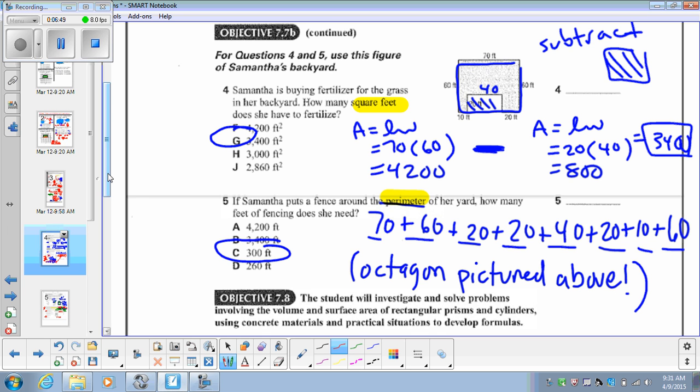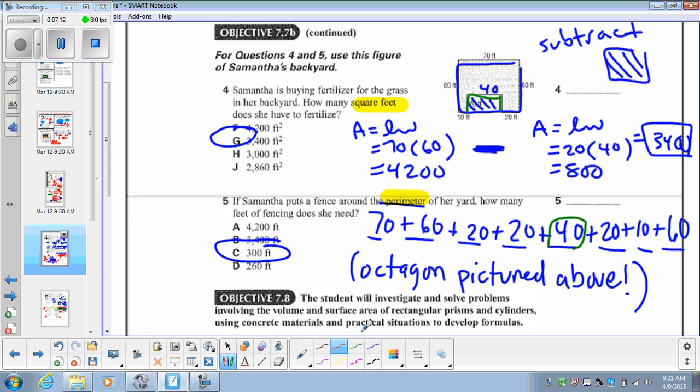Number 5, it tells you there's a perimeter problem. If the shape up top has 8 sides, it's an octagon. So I just drew 8 blanks to make sure I had all my sides, and I filled them in. When I did that, I did notice I had one missing side here and here. Luckily, this one was given as the 20, so this was the only number we really needed to find.